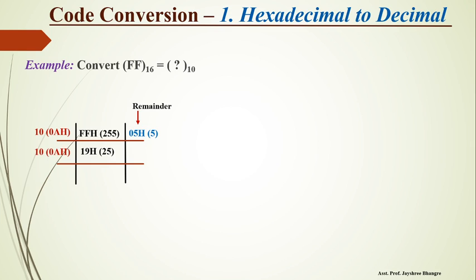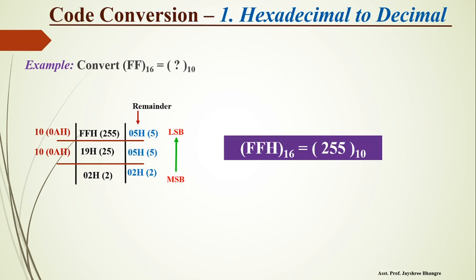So we get the quotient 02H and the remainder is 05H. The last quotient, which is not divisible by 10, we collect into the remainder as the last remainder, and now collecting these remainders from bottom to top, we get the result FFH equal to 255 in decimal.